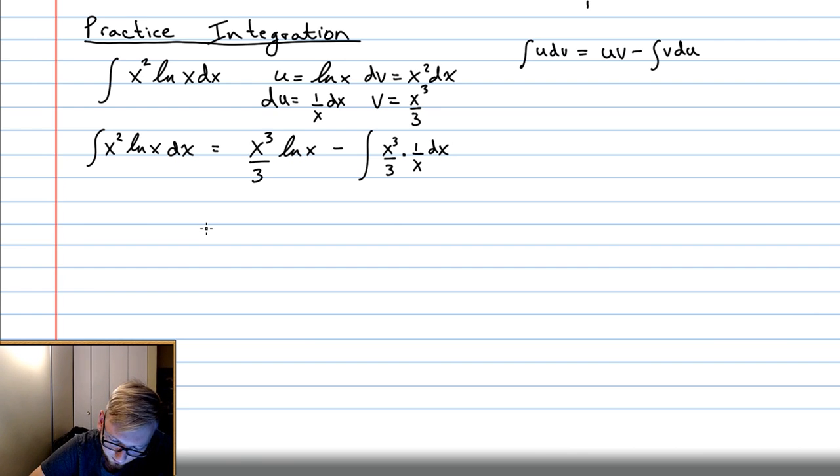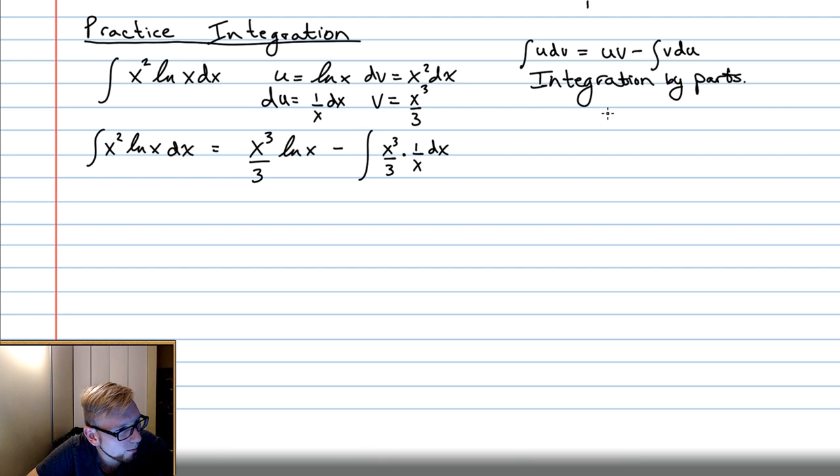Or right here, so what this is is integration by parts. And integration by parts is, think about month 2 of second term, maybe 3 weeks into second term. I think it's like the second chapter.